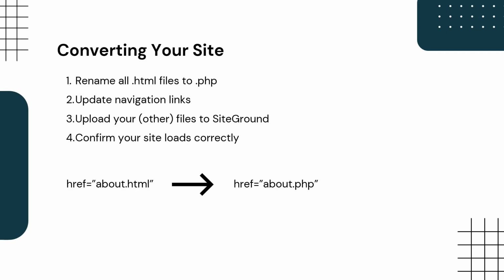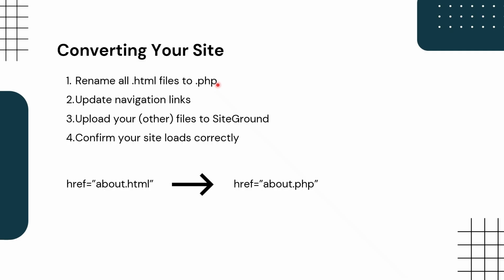So for your assignment 2, you're going to convert your entire site to PHP. So the steps are simple. Okay, one, you're going to rename all your HTML files to .php. So about.html will change to about.php.